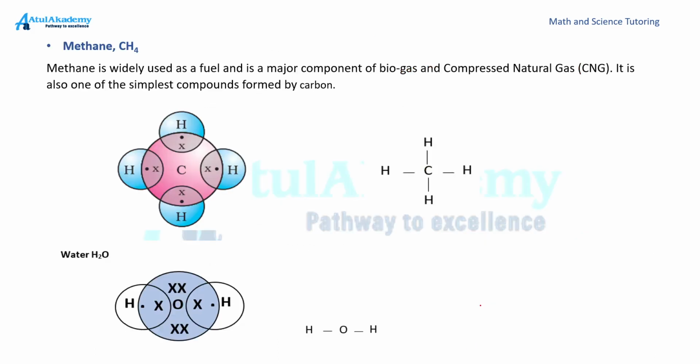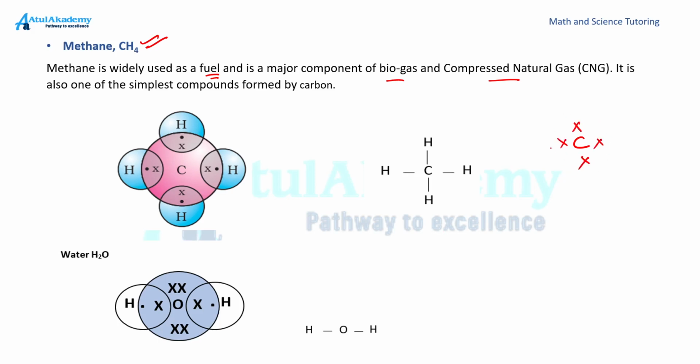Let us move to another one. Let's talk about methane. Methane is the simplest hydrocarbon. Hydrocarbons are the compounds of only carbon and hydrogen. It is also used as a fuel and is a major component of biogas and CNG. So CH4. So carbon we all know has 4 electrons in the outermost shell.